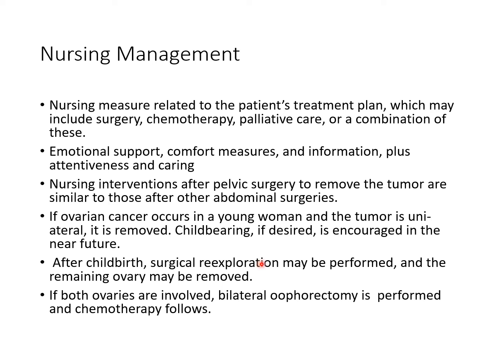Because the thing with cancer is that you are always getting periods of exacerbation and remission, for lack of a better word. But you're happy if the patient is in remission. That's the goal, right? You don't want them to have definitive cancer signs and symptoms there. If both ovaries are removed, a bilateral oophorectomy is performed and chemotherapy follows. So just know that these are some of the treatments that can be done here.